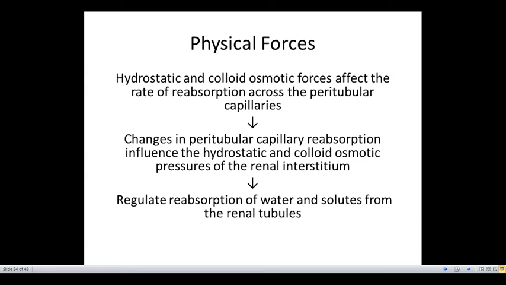So forces in the peritubular capillaries cause changes in the pressures of the renal interstitium, and these changes in the pressures in the renal interstitium regulate the reabsorption of water and solutes from the renal tubules.